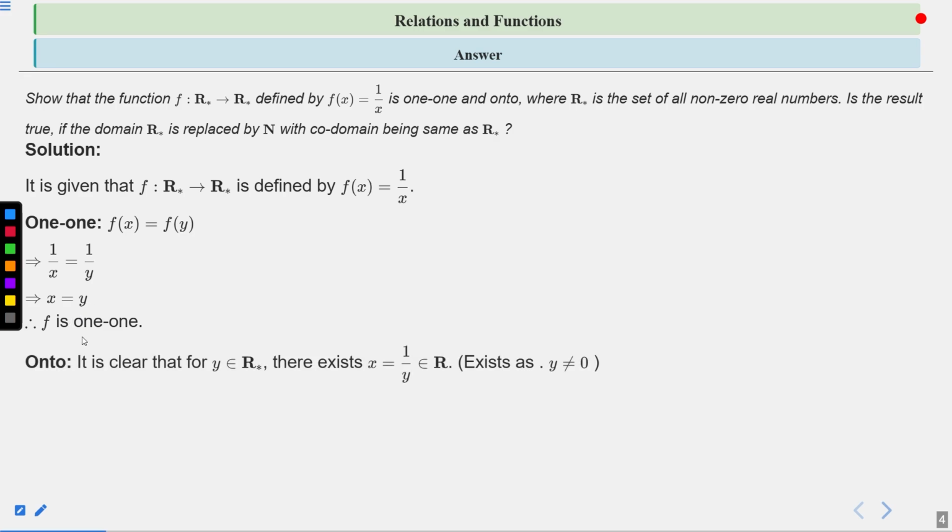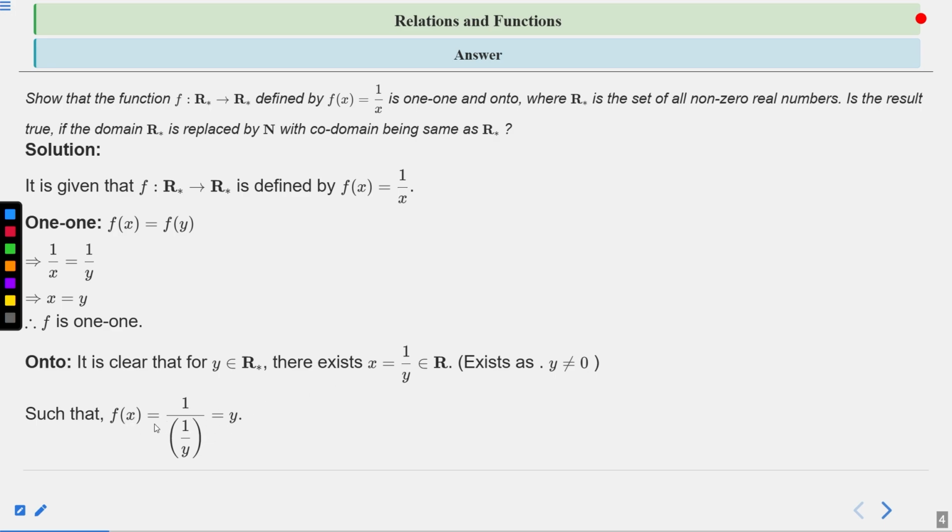For onto, what we have to show is that for any element y from the codomain, there exists an element x from the domain such that f(x) = y. It is clear that y belongs to the codomain set, so there must exist x of the form 1/y such that f(x) = y.